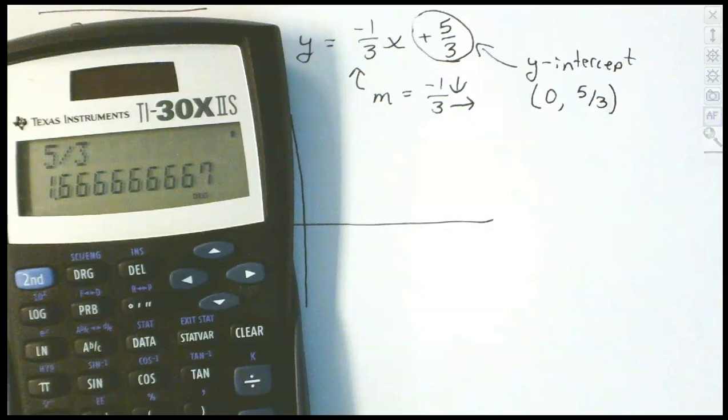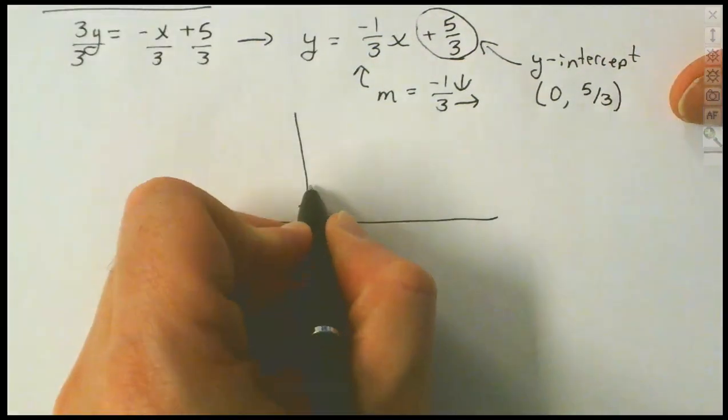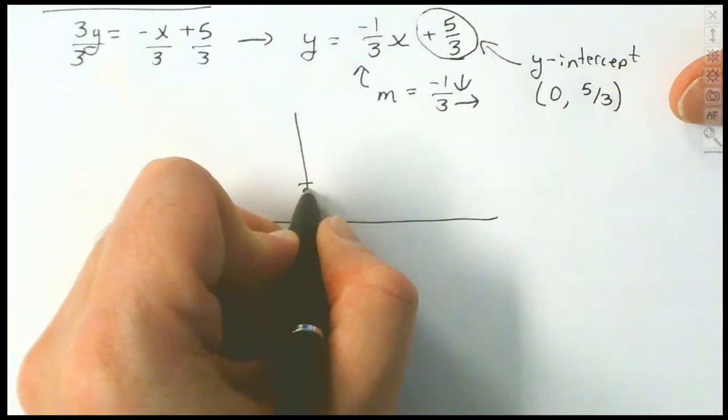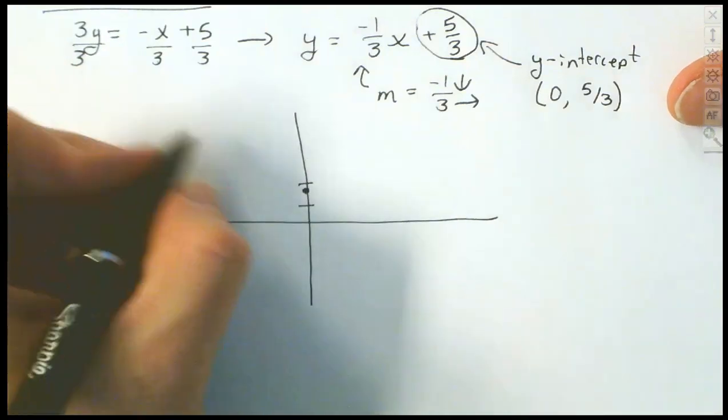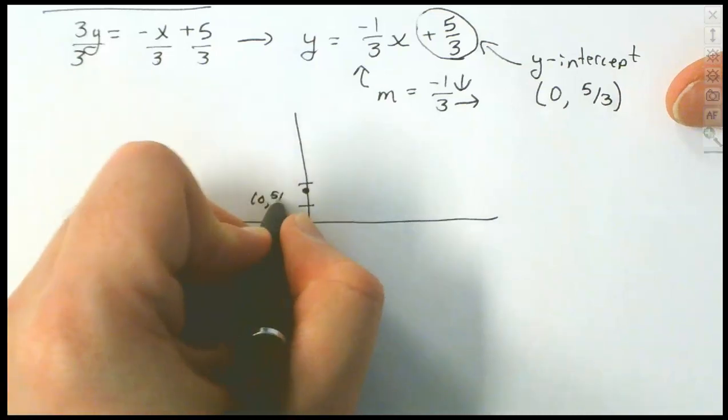We'll just say it's about 1.5 there. Now, you could even use 2 if you wanted to make it a little bit easier. But we know it's in between 1 and 2, a little bit closer to 2. So we're going to go ahead and find that, and we'll put it right about there. Okay, so there's our y-intercept at 0, comma 5/3.